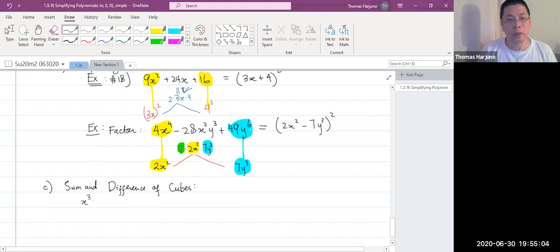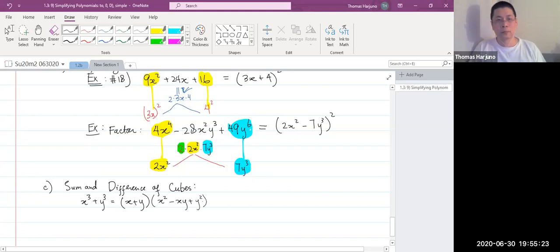x cubed plus y cubed has the pattern of x plus y times x squared minus xy plus y squared. Now first, take a look at this pattern.